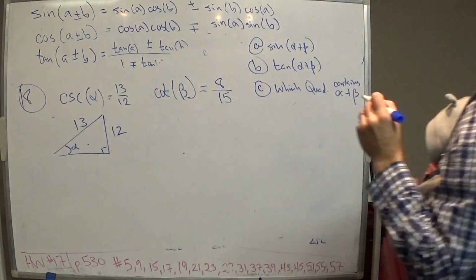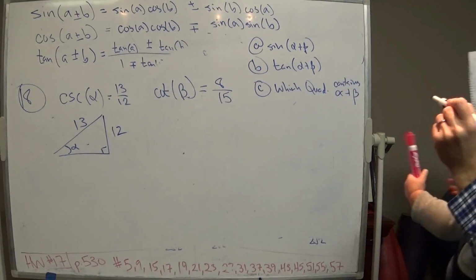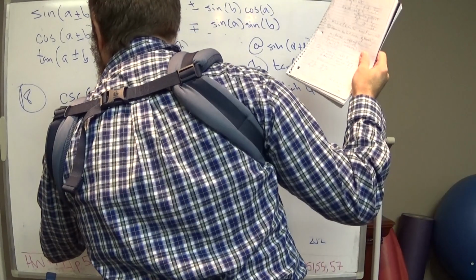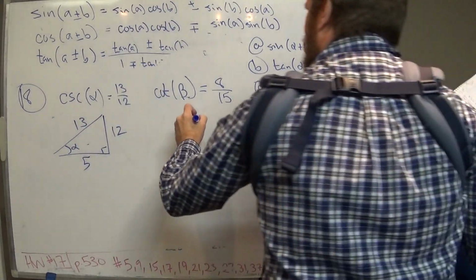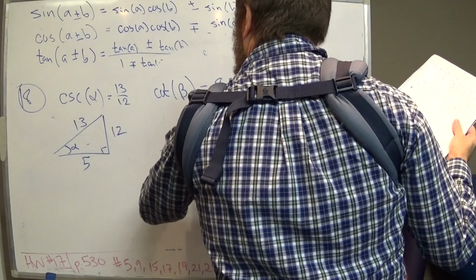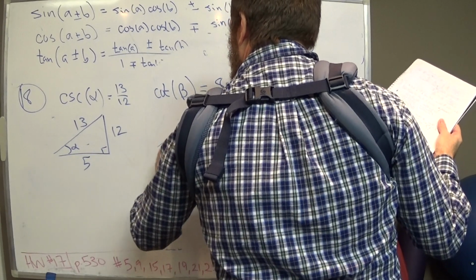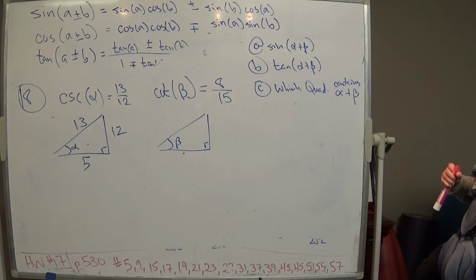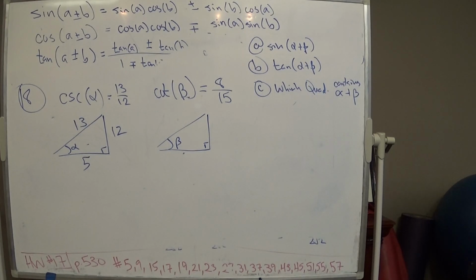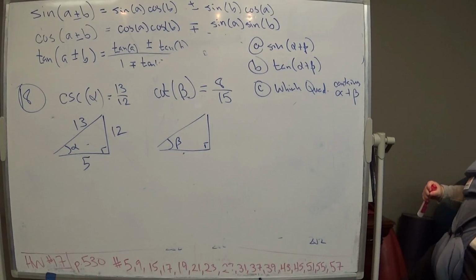Now, I'm not going to go through the gory details, but this is 5. You could figure that out on your own. I did these earlier. Okay, so now cotangent is 8/15, which means which side is what?